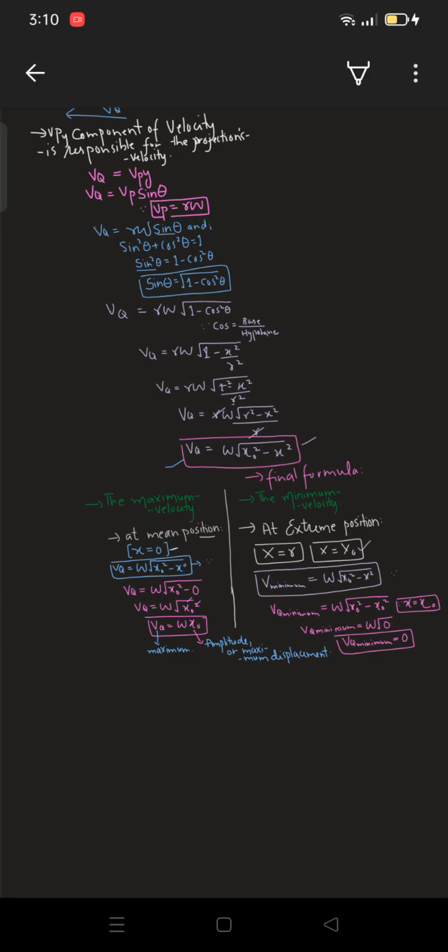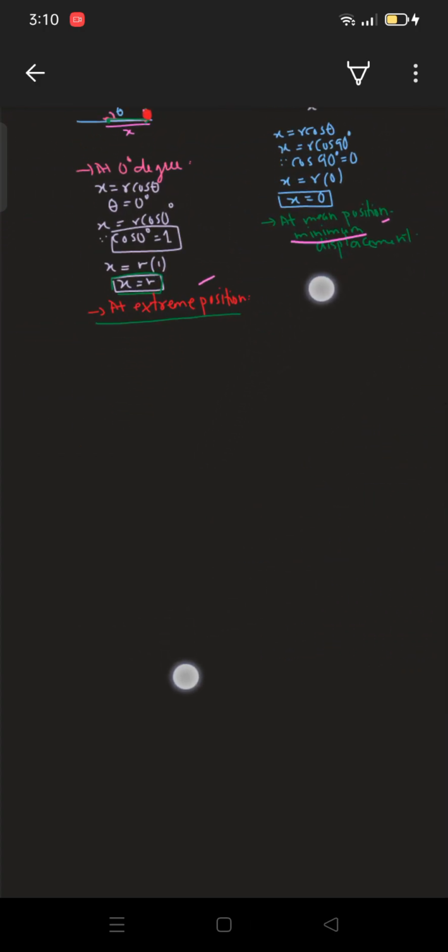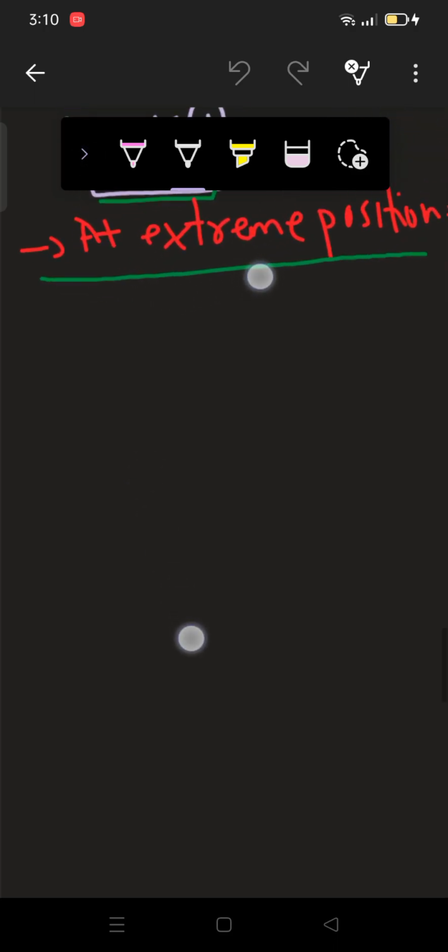Today we are going to derive the formula for finding the acceleration of the projection of a particle which is of course moving along the uniform circular path, right? So what we are going to do today is derive the formula for the acceleration.